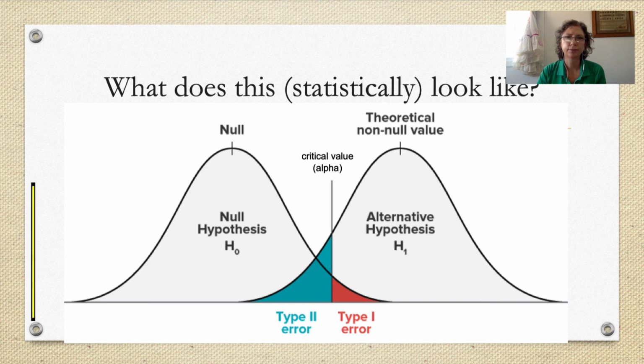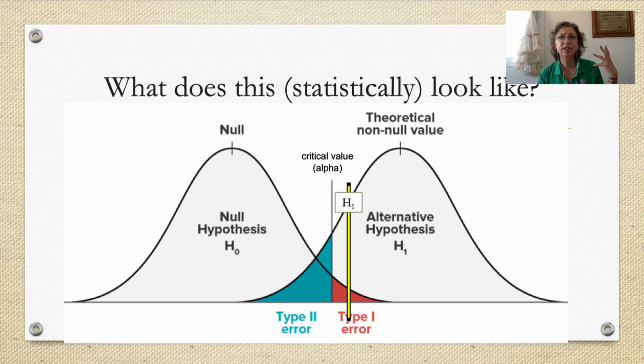So if my test estimate came out significant, in other words, it exceeded the critical value, then our decision would be to reject the null hypothesis and support the alternative. However, if the null actually was true, or in other words, the effect being found in the test estimate was only true for my sample and not really true for the population, then we've made a type 1 error. And that's the risk we're willing to take based on setting our alpha level at 0.05.